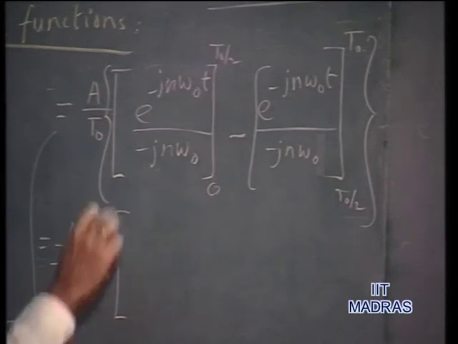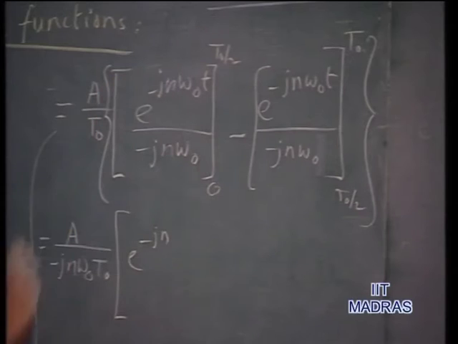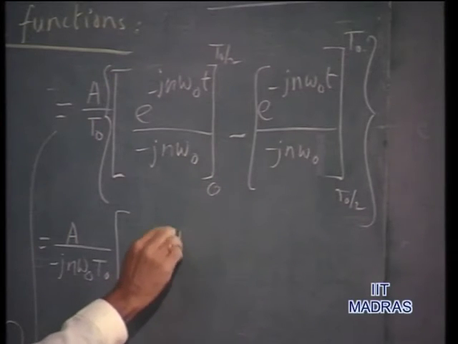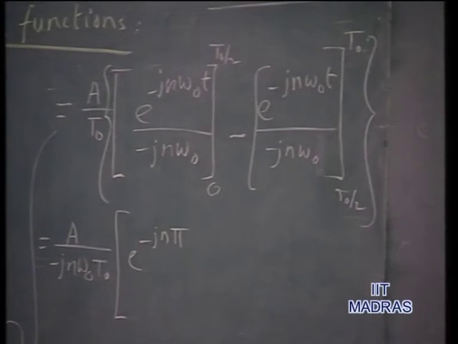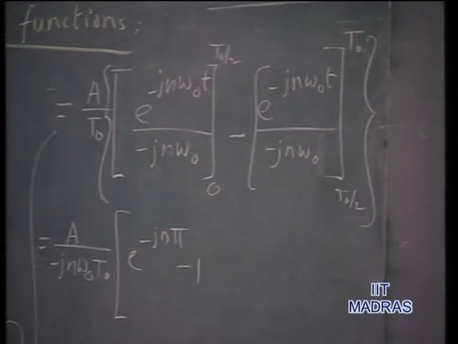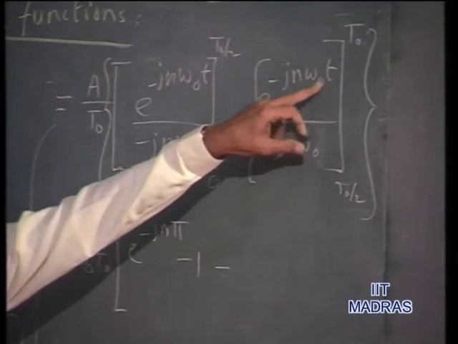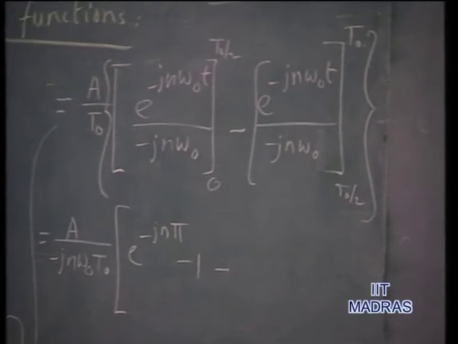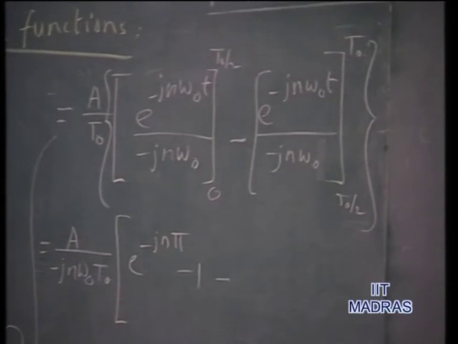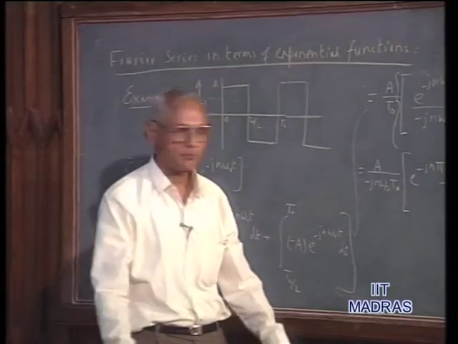And if you evaluate this, it will be e to the power of minus jn at the upper limit, omega naught t naught upon 2 is pi, minus jn pi. At the lower limit, it is 1 minus 1, and minus, at the upper limit, it is minus jn omega naught t naught, which is 2 pi. Therefore, e to the power of jn 2 pi is equivalent to 1 because it's an integral multiple of pi.